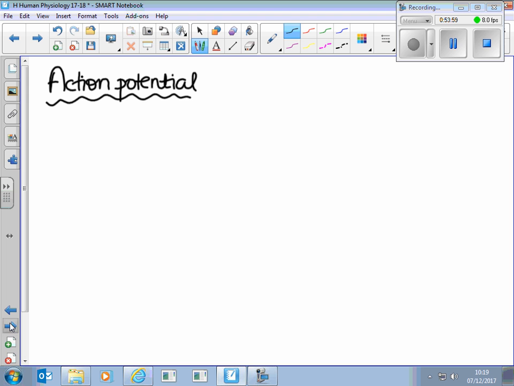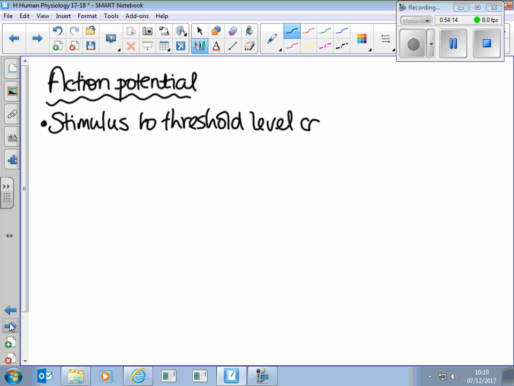So that's our first important bit then, is that stimulus to threshold level causes the sodium channels to start opening.